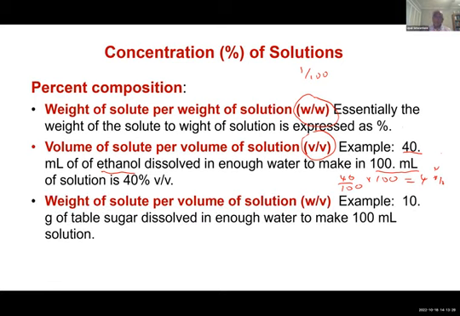Sometimes for solid-liquid solutions, solid is measured in weight and volume of the solution is measured in volume. So in this example, 10 grams of table sugar in 100 milliliters of total solution is a 10% solution.